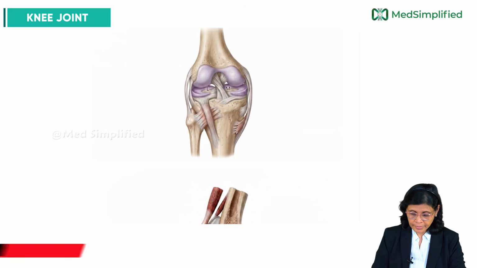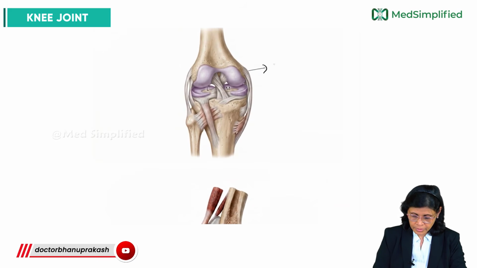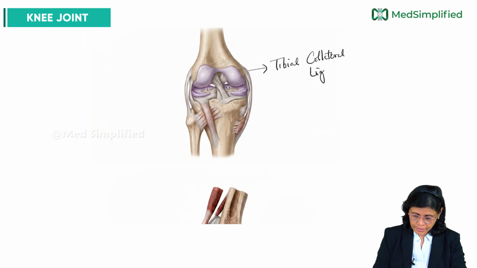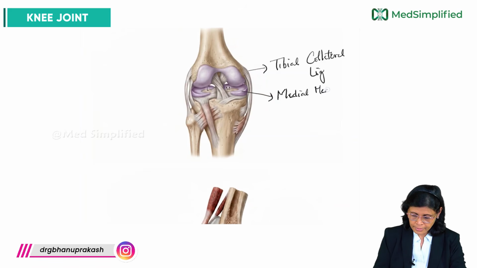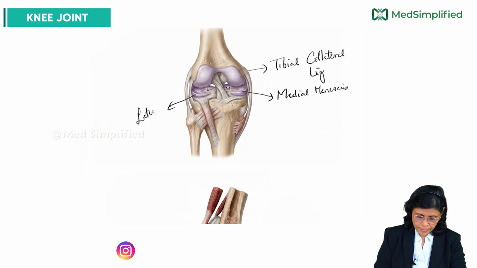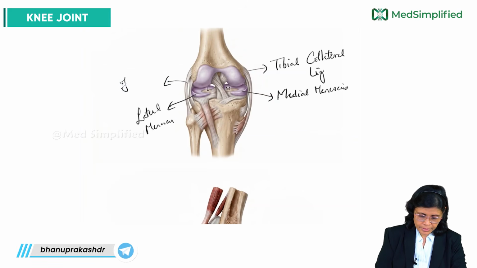Coming to the other ligaments, here we can see the tibial collateral ligament. We see the meniscus, the medial meniscus as well as the lateral meniscus, this side is lateral meniscus, and here we have the fibular collateral ligament.